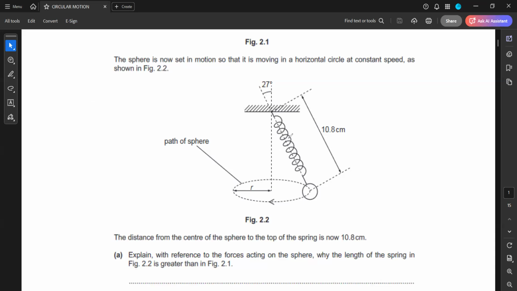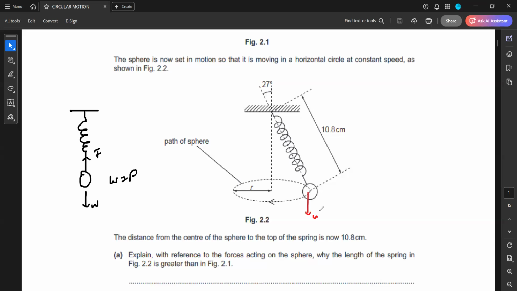Initially, when the spring was vertical, the weight acting downward balanced with the force of the spring, W equals F. But now, as it undergoes circular motion, the tension has two components.